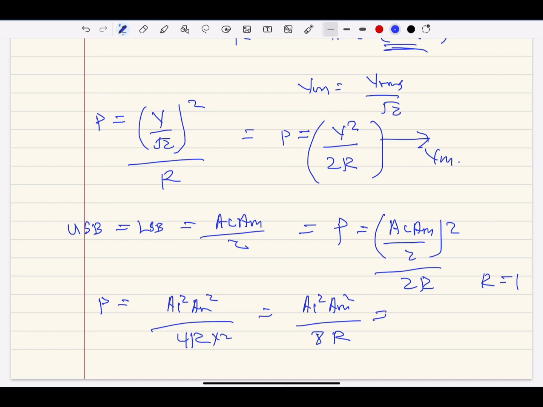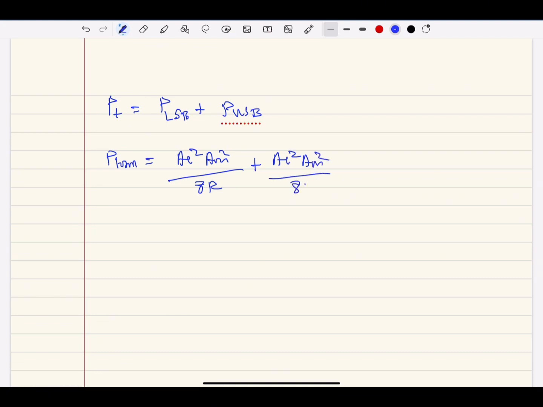But remember that this is for one sideband, either the lower sideband or the upper sideband, but they are all the same. So when you are asked to find the total power of a double sideband suppressed carrier, P total is equal to the power of the lower sideband plus the power of the upper sideband. Therefore, P total is Ac squared Am squared over 8R plus Ac squared Am squared over 8R, or you just take one and multiply by 2.